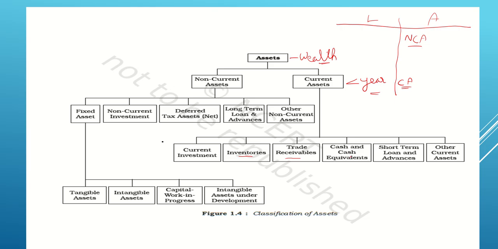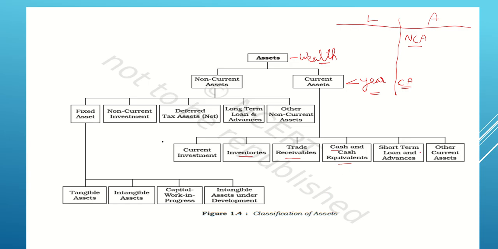And then cash and cash equivalents. Okay, so cash in hand and cash in bank, everything again are a part of current assets. So cash equivalents, what do you mean by that? I have something which I can liquidate immediately and turn into cash. So those are called cash equivalents.